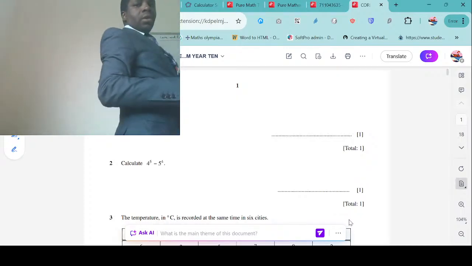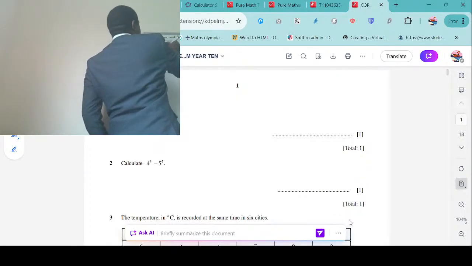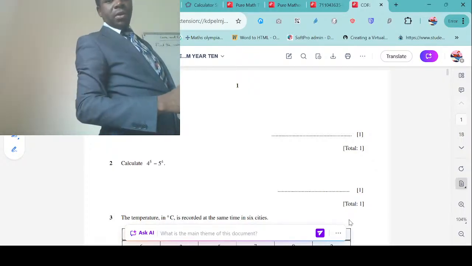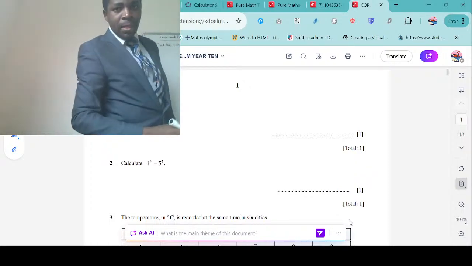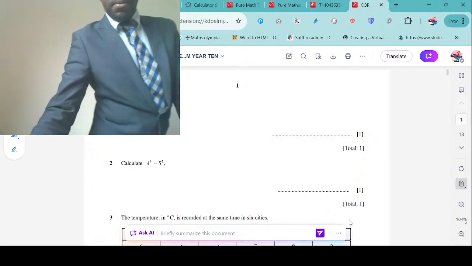So, the first question says, find the value of the cube root of 3375.